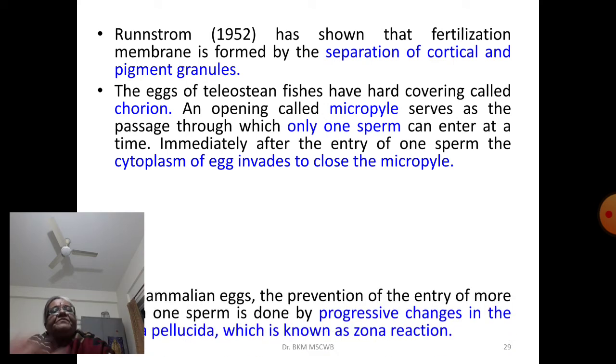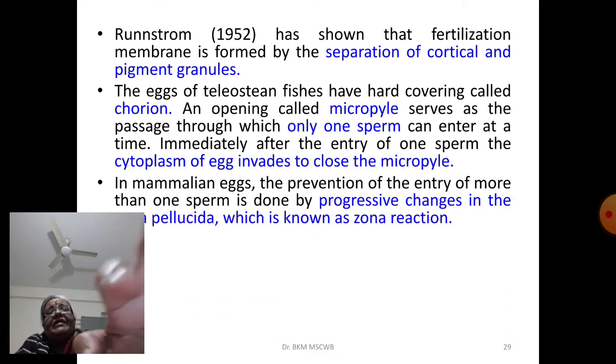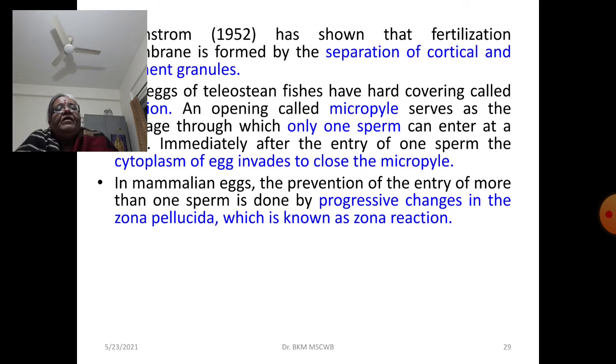This is a special adaptation seen in teleostean eggs to prevent polyspermy. Then in mammalian eggs, what happens? Let us see. The prevention of entry of more than one sperm is done by progressive changes in the zona pellucida, which is known as zona reaction. In amphibians, for example, you call it cortical reaction. In mammals, surrounding the oolemma or the plasma membrane, you find one more layer called zona pellucida.